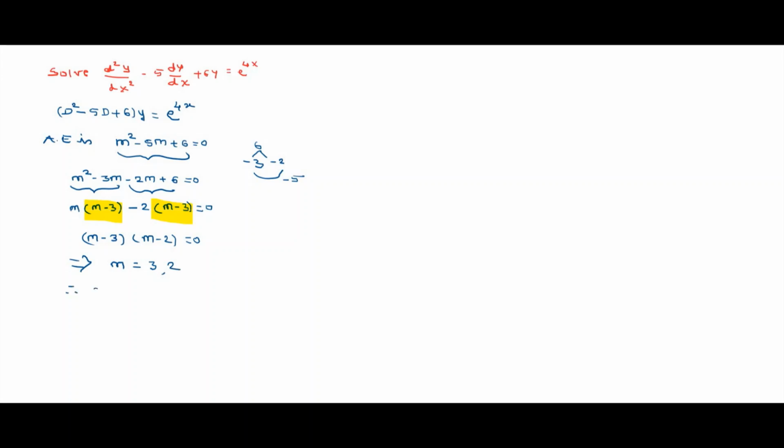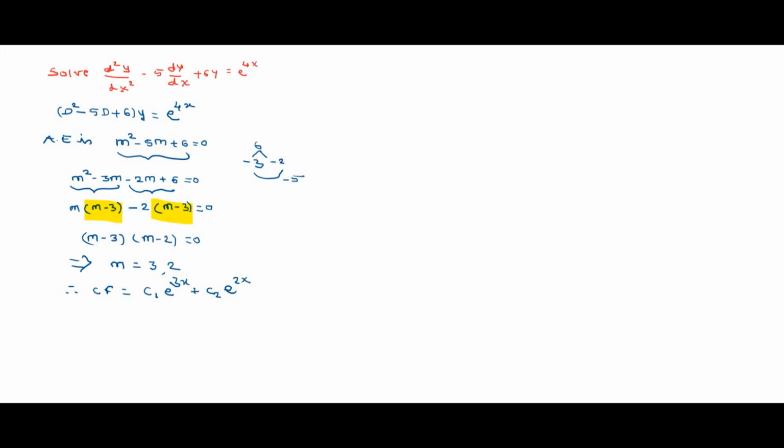Therefore, the complementary function CF, since both roots are different, can be written as C1 e raised to 3x plus C2 e raised to 2x. So this is the complementary function.